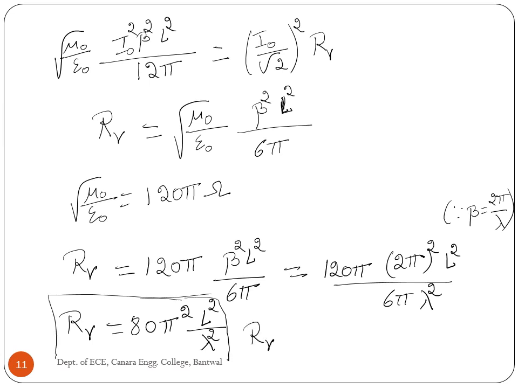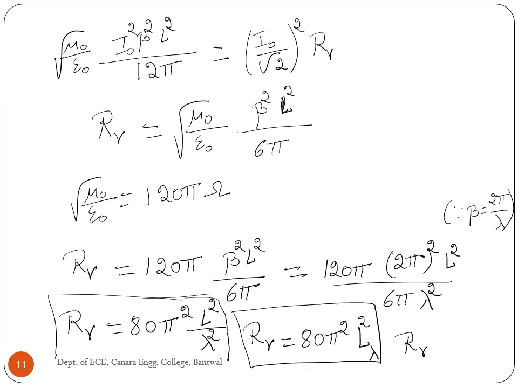Or we can write RR is equal to 80 pi square (L by lambda) square, with L the length of the short dipole in wavelengths, or RR is equal to 790 (L by lambda) square. 80 pi square is equal to 790.